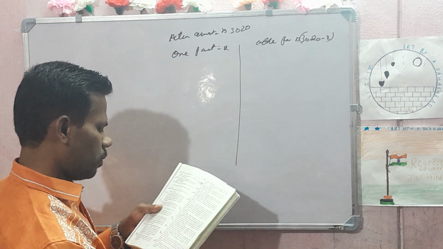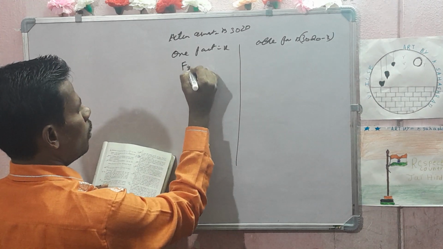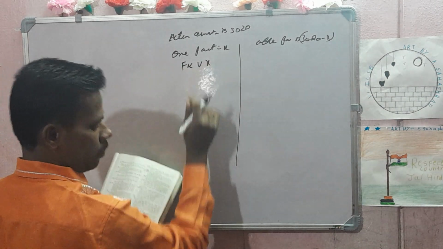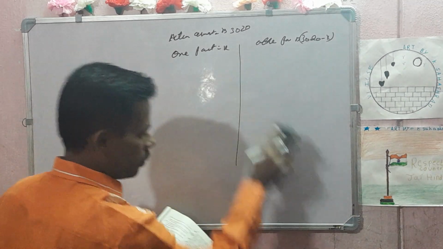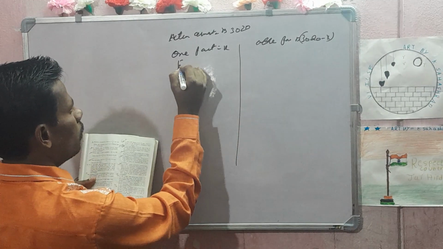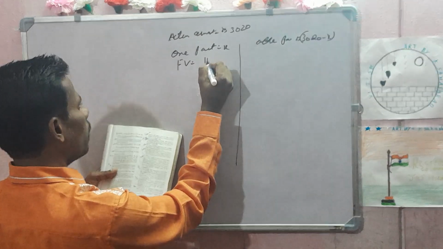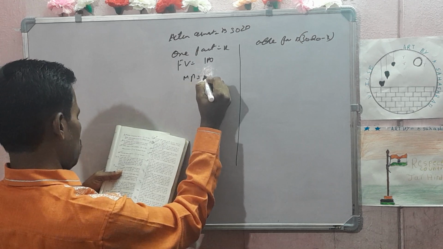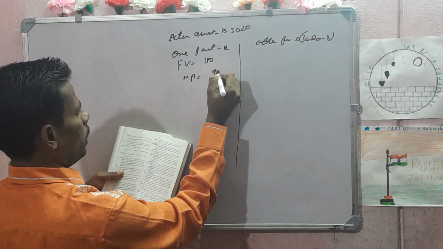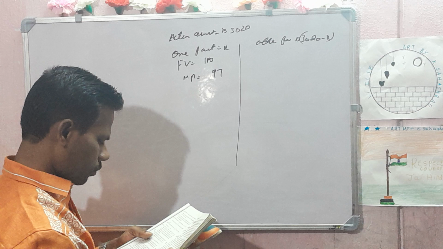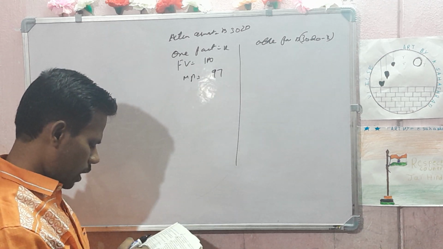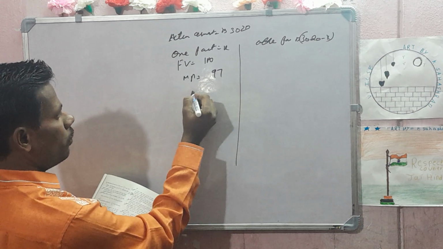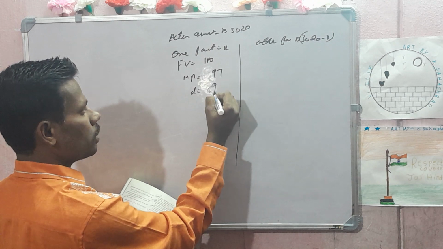It is invested in 6%, face value is 100. Next, market price is 97. Again, dividend is equal to 6%.